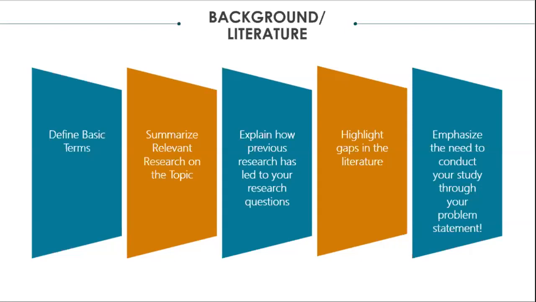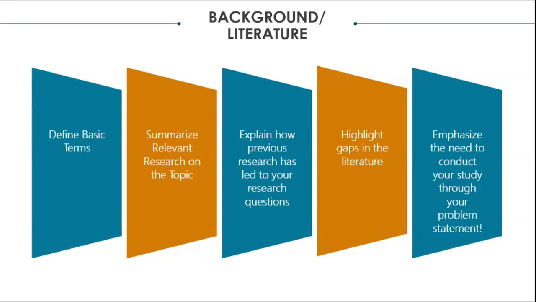Next, you should summarize the research on your topic. At this point, you may have conducted a literature search. Here's where you'll bring that literature back in and really explain what has been done on this topic, what the gaps in the literature are, so what hasn't been done, and how all of that information has led you to form your study.